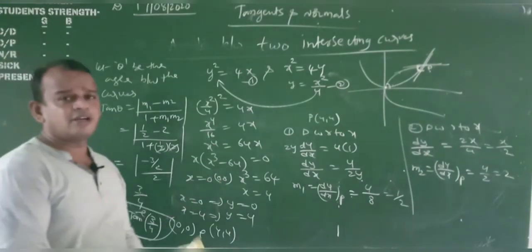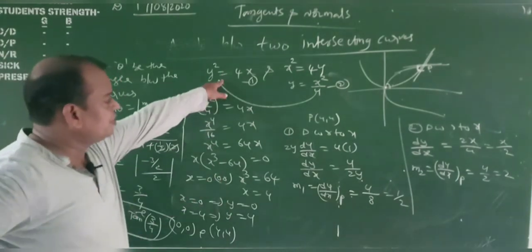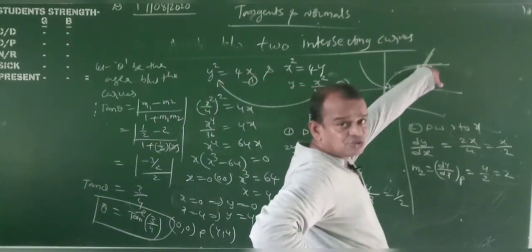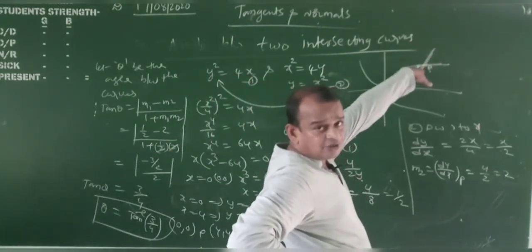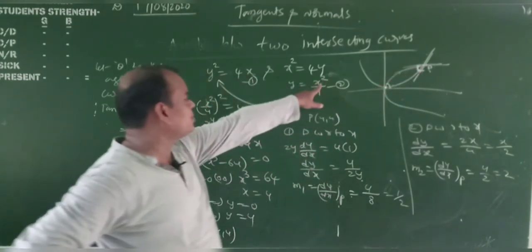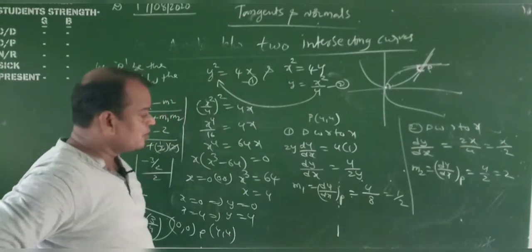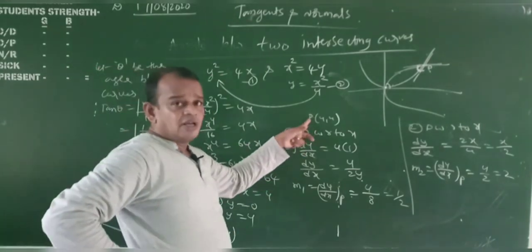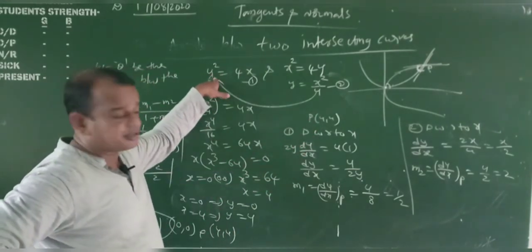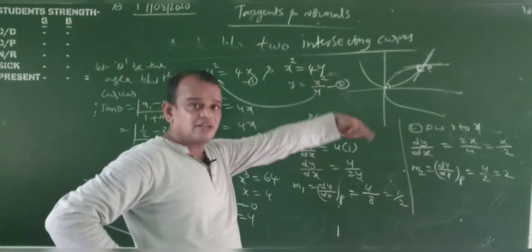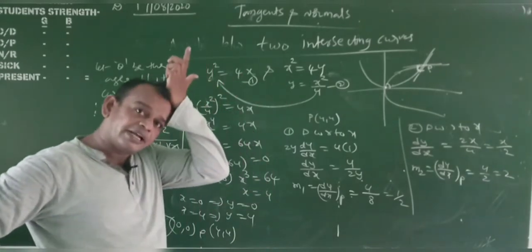Very, very important: first, we find the point of intersection of the two curves, by substituting one curve into the other. Calculation part is going on, and you can find P. At that P, differentiate the first curve and substitute P to get m1. Differentiate the second curve with respect to x, substitute P in that derivative, and get m2.